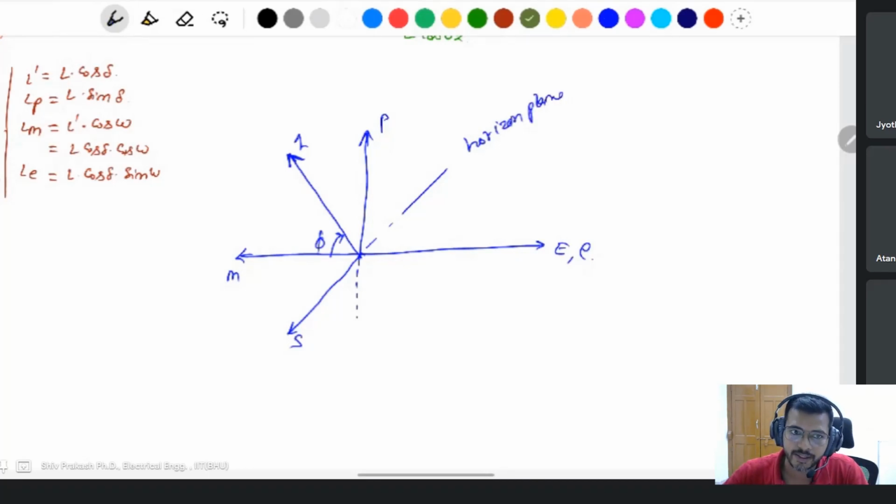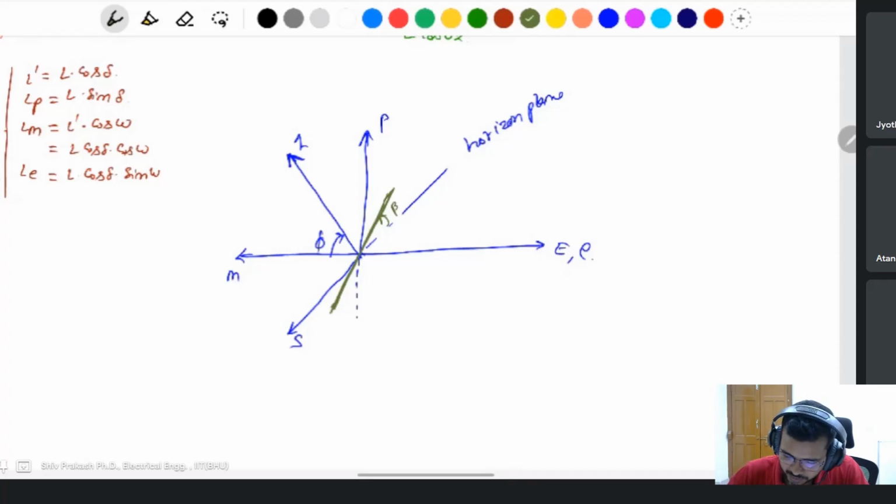A PV panel is placed with an angle of beta, the tilted angle. This will be the beta angle. All of them are combined in one axis.